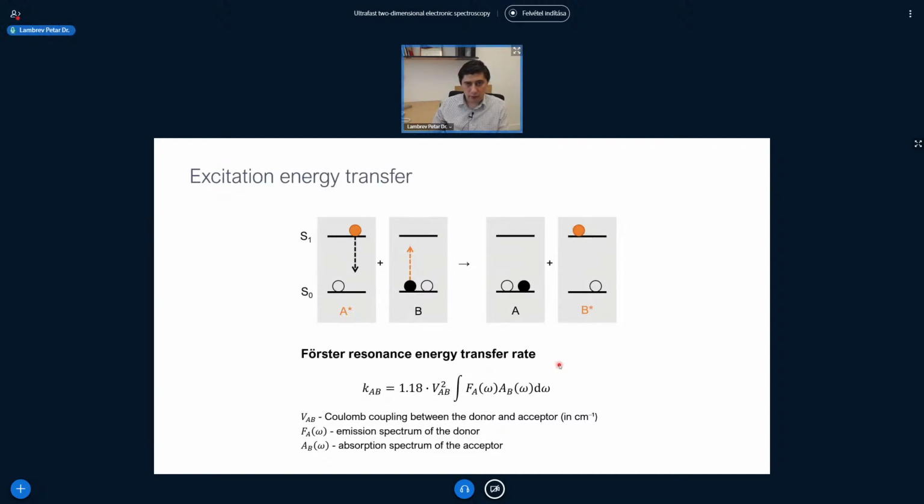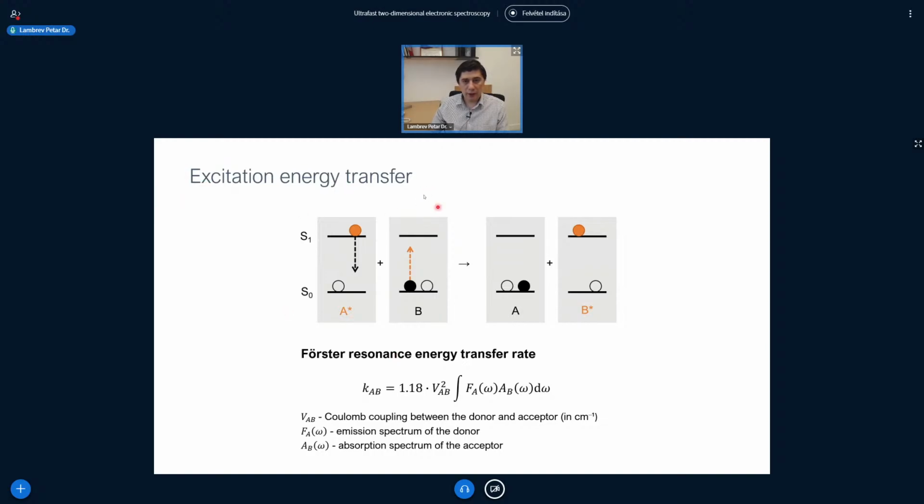Now, let's see what happens in the molecule when it is in the excited state. Of course, most of the time, any molecule that is excited will go back to the ground state via one or another pathway of relaxation, or it can initiate a photochemical reaction, which is the basis of photosynthesis or vision or entire photochemistry. One thing quite interesting is that it can do excitation energy transfer.